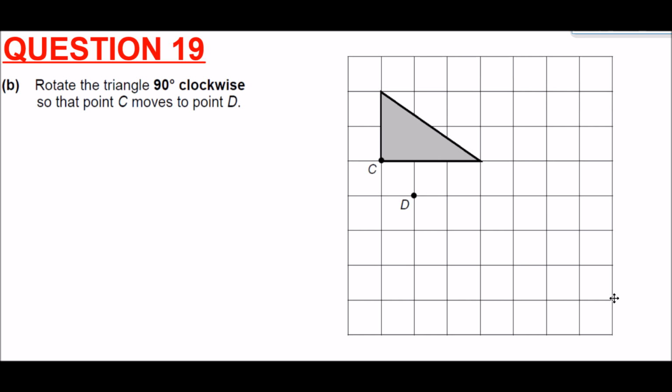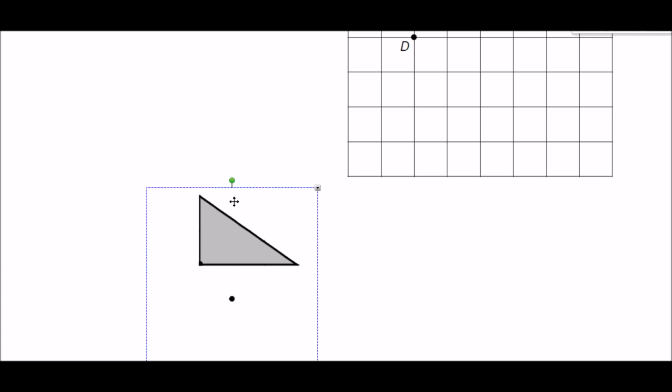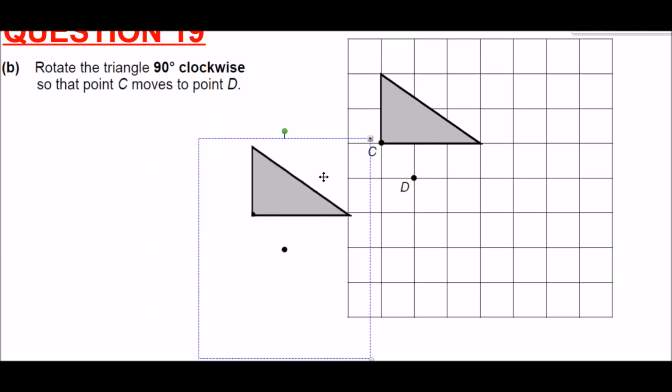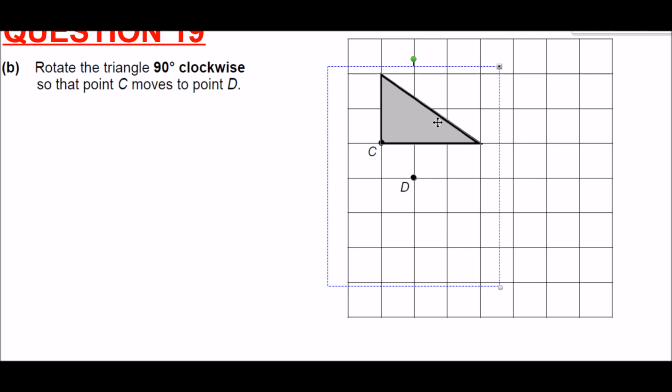Part B of question 19, we're asked to rotate the triangle 90 degrees clockwise so that point C moves to point D. Again, with part A, tracing paper might help you. So here's some I traced out earlier. So what we can do is we can put the trace shape immediately on top of the shape which is already drawn and rotate it 90 degrees. So 90 degree rotation means you're just going to turn the tracing paper from being on one side to the other side.